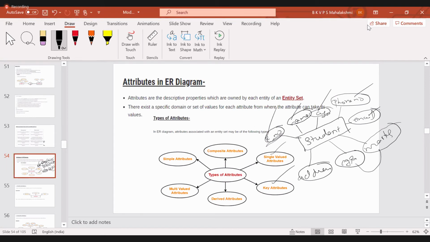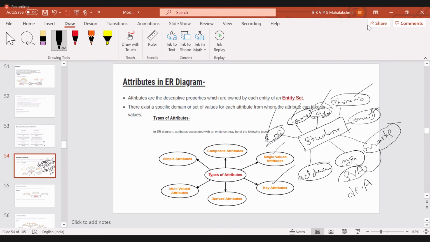One more example I can give you. Even though it is a single valued attribute, it doesn't mean that an attribute belongs to only one type. An attribute may belong to many types of attributes. See here, age is a single valued attribute, and CGPA is also a single valued attribute. For every record there will be one value, but it is as well a derived attribute.